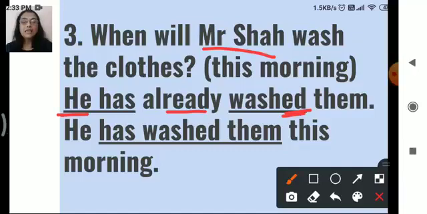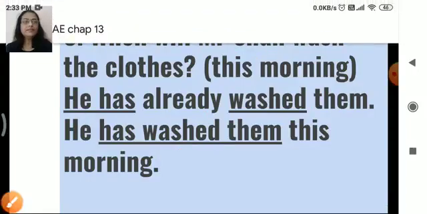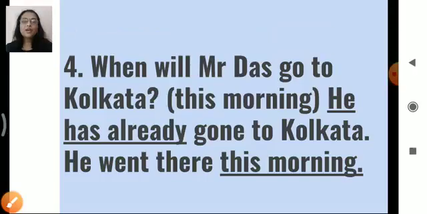Them, he has washed them this morning. So here you can see that washed and washed. Again it is the same past participle and the past tense is same for washed. So our answer is he has already washed them. He has washed them this morning. Followed?